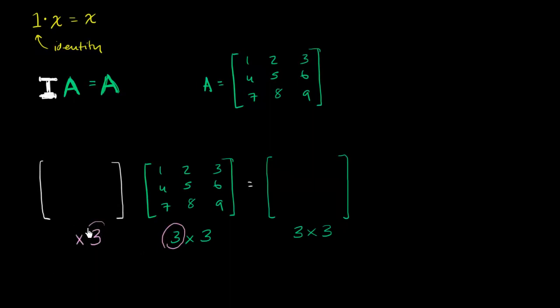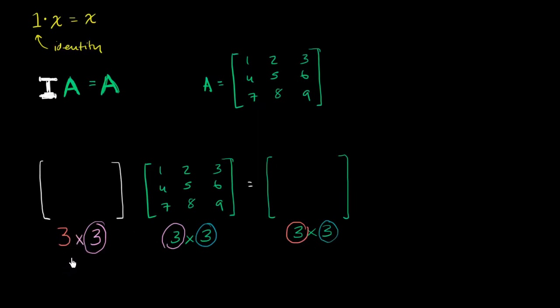And we also know that the rows of the product are defined by the rows of the first matrix. So this has to be also a 3 by 3. And of course, the columns of the product are defined by the columns of the second matrix. These middle two have to match, and then the rows of the first matrix define the rows of the product, and then the columns of the second matrix define the columns of the product. So we know this has to be a 3 by 3 matrix.